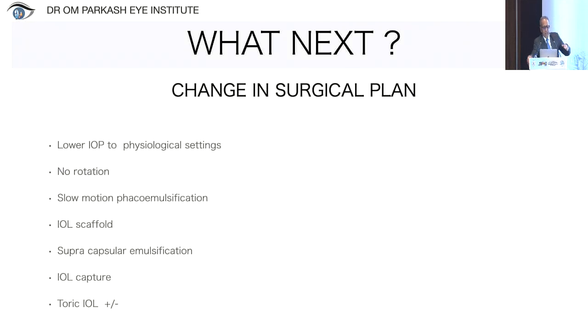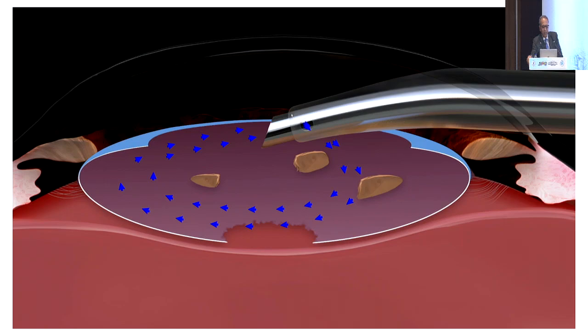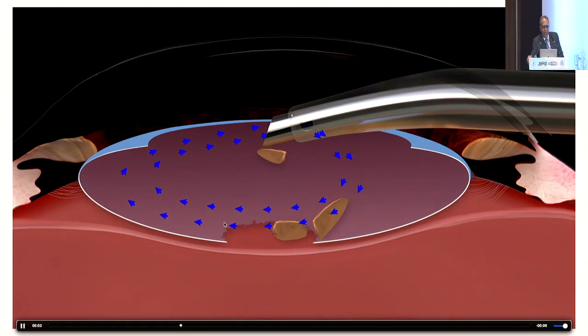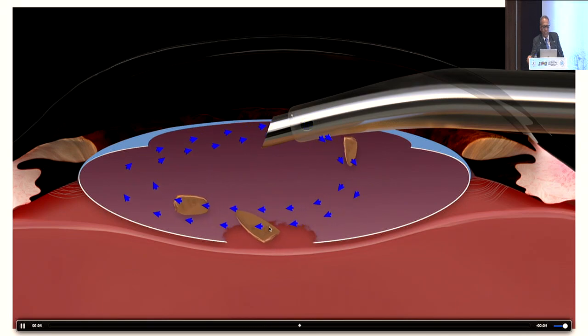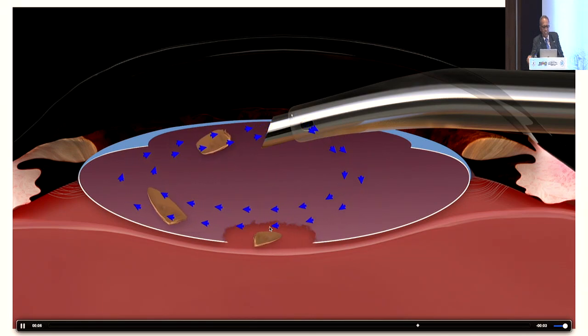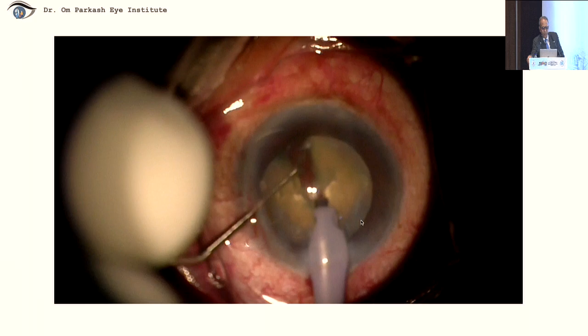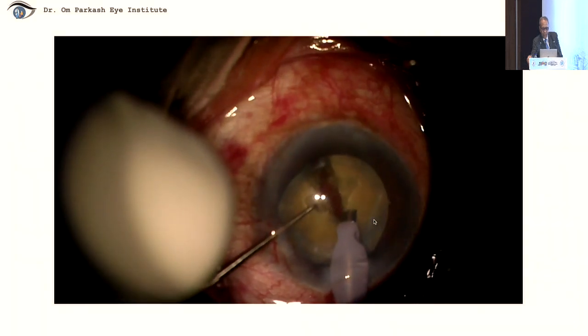Again, same thing: lower the IOP, no rotation, slow motion phacoemulsification, IOL scaffold, supracapsular emulsification, do IOL capture and everything. Now with this low fluidics, the aim was to create a situation in which these small fragments touch the anterior hyaloid phase and they come back. So let's see what happens.